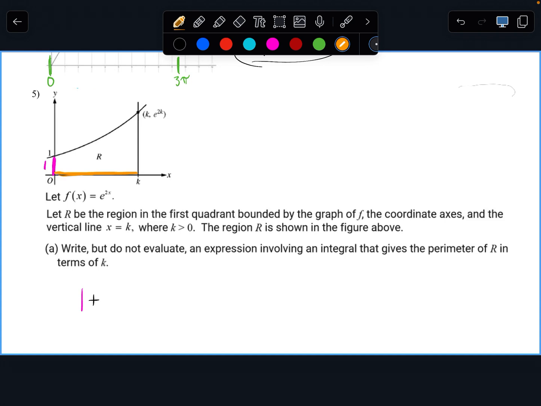It's from 0 to k, and you're like, but it's a variable. Who cares? Just write k. And then this thing, again, is straight up vertical. Don't be too crazy. The vertical is just straight up y, so e to the 2k.